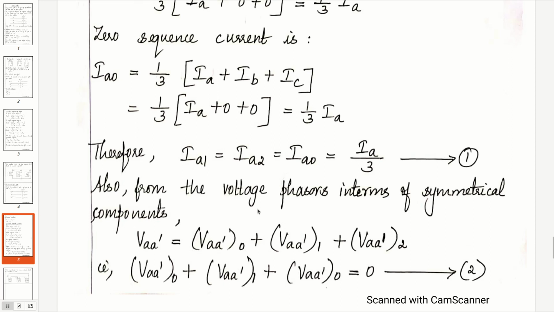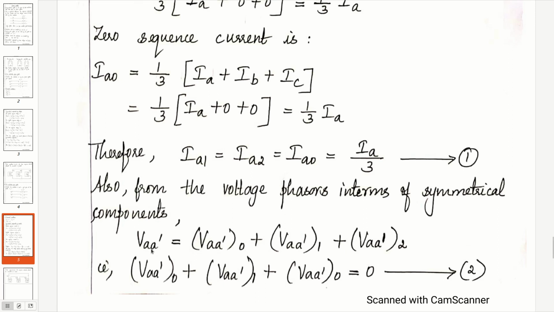Also, from the matrix of the voltage phasors in terms of symmetrical components, we have VAA' is equal to VAA'0 plus VAA'1 plus VAA'2. So we have the equation VA is equal to VA0 plus VA1 plus VA2. Okay, so here VA is replaced by VAA'.